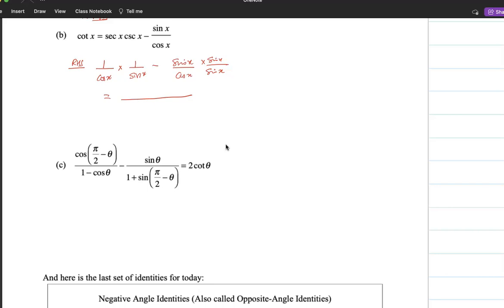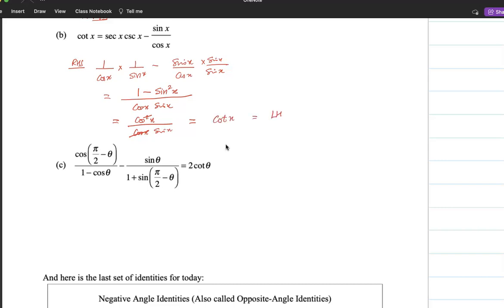So then this becomes cos x sine x in the denominator, and the numerator would be 1 minus sine squared x. What is 1 minus sine squared x? Cos squared x. Very good. Learn that up, that is very important. Cos square x upon cos x sine x. Now you can cancel, and you're left with cos over sine. What is cos x over sine x? Cot x. And that's your left hand side.